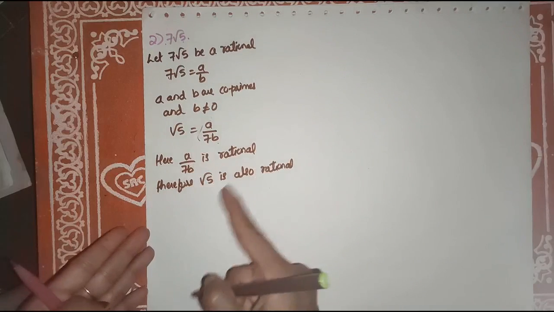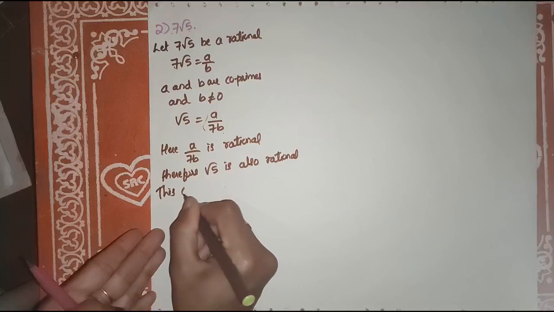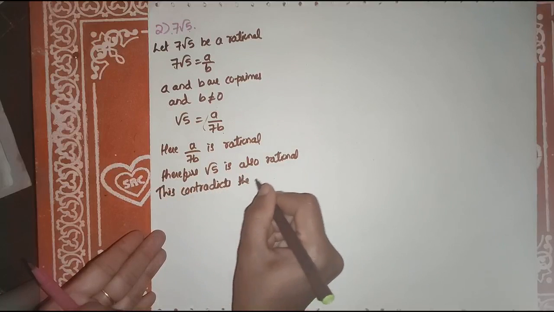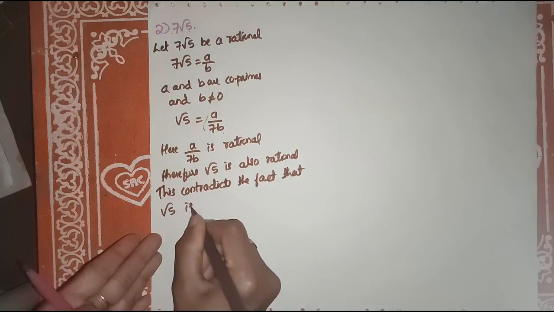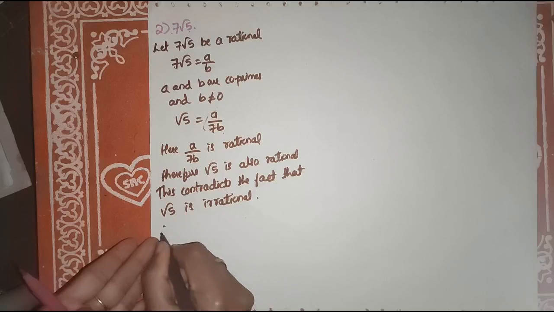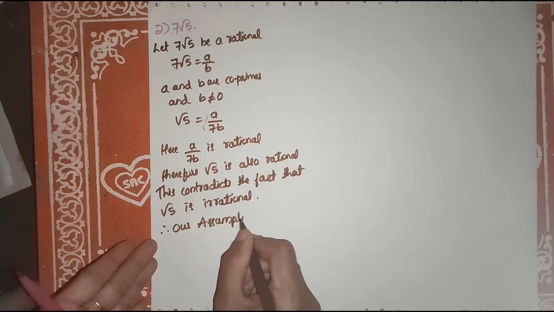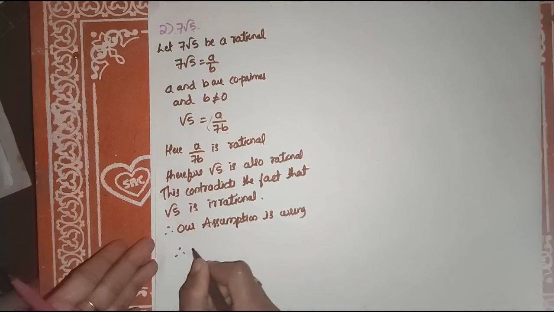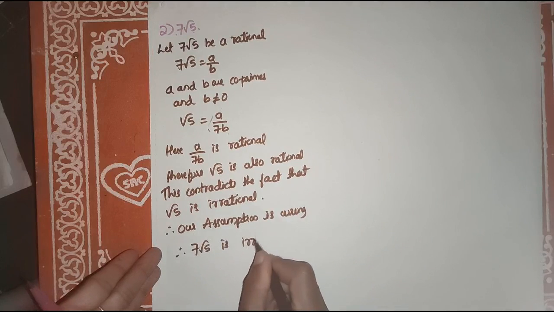So this calculation contradicts the fact that root 5 is irrational. Therefore our assumption is wrong. Therefore 7 root 5 is irrational.